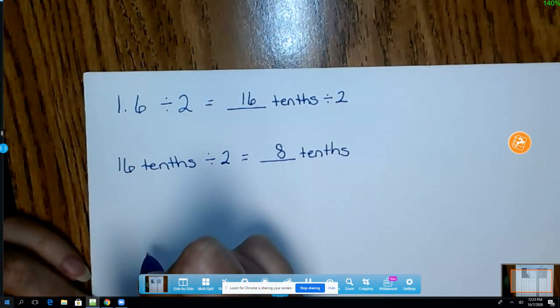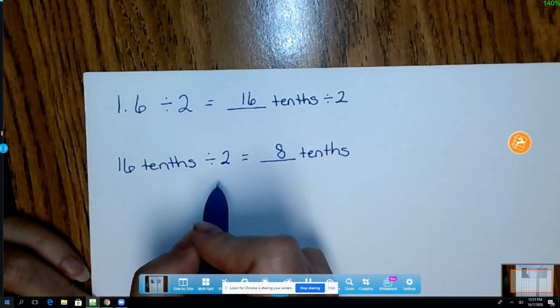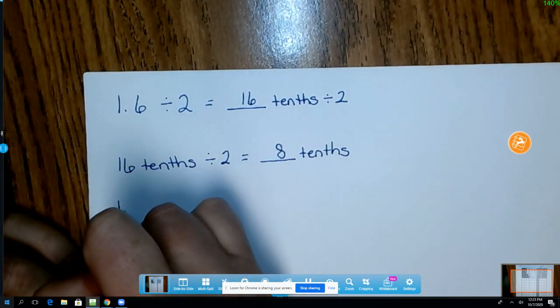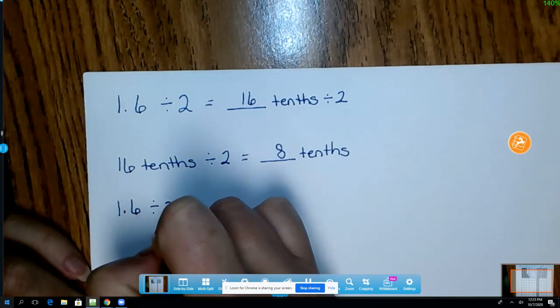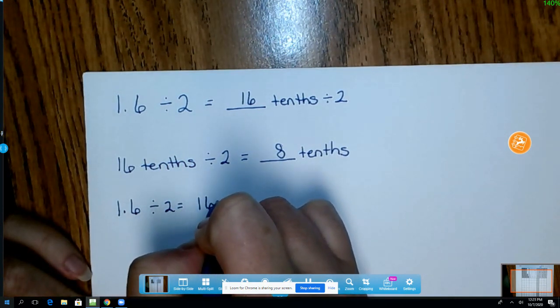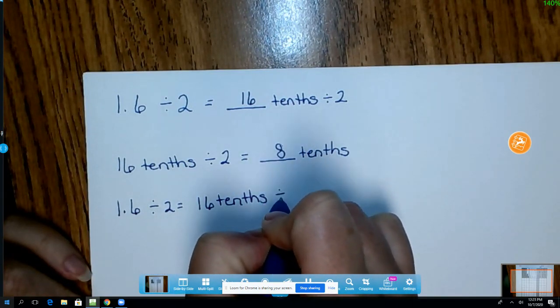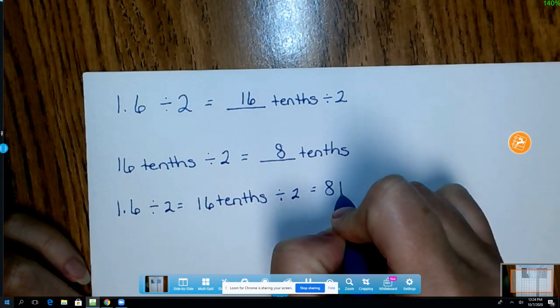So now that I have 16 tenths divided by 2, then I know that 1 6/10 divided by 2 is equal to 16 tenths divided by 2, which was equal to 8 tenths.